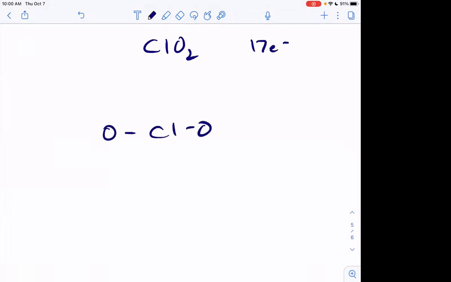That would give me 16 if I put octets around. With chlorine, I'm only having 2, 4, so we had a double bond here. Resonance. So you get 8, 16, 17. Okay, this is kind of what you were asking, right? So steric number would still be 1, 2, 3. So sp2.